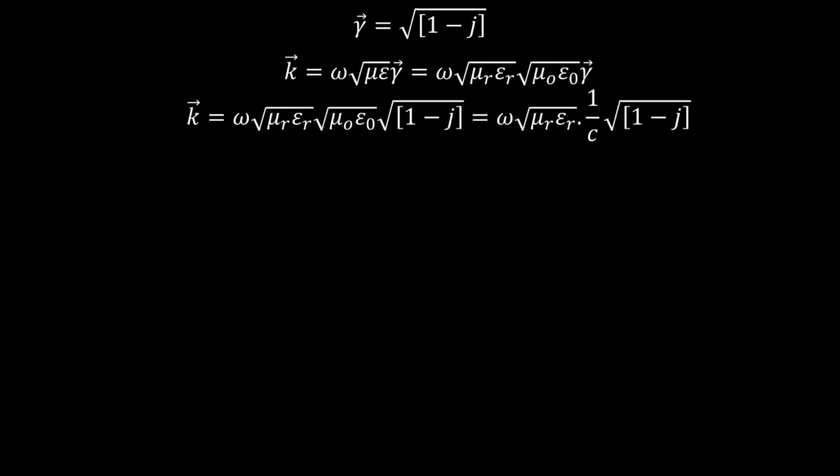So K should give us this. Don't forget, we have expanded this to be equal to this, and the square root of mu naught epsilon naught is always equal to 1 over the speed of light. So we have substituted that here.